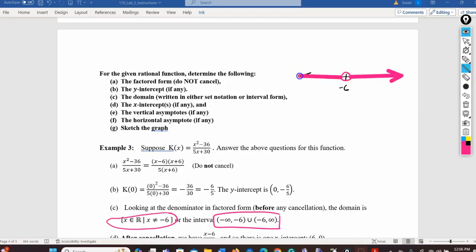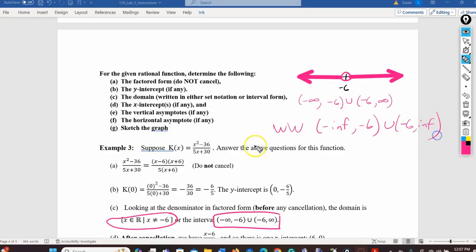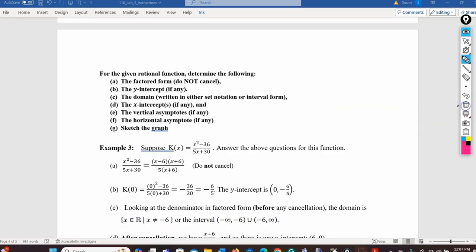And so if you were to describe the numbers in red going from left to right, you're coming in from -infinity up to but not including -6, so you have to jump over, and then everything to the right of -6. In WebWork, you'll have to use INF for infinity, or sometimes they'll tell you to write infinity as the entire word.